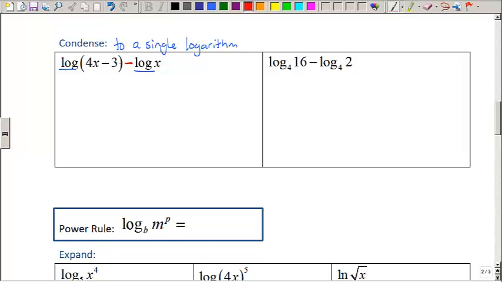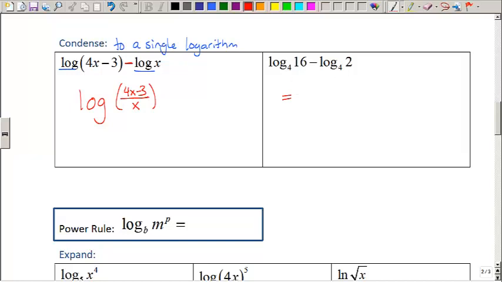So because it's subtract, I am using my quotient rule, which says I have log. Notice my bases are the same, base 10, so I don't have to write it, of the argument on the first term, which is 4x minus 3, divided by the argument of the second term, which is x. I have now condensed this down to a single logarithm. I cannot reduce inside my argument, so that's my final answer.